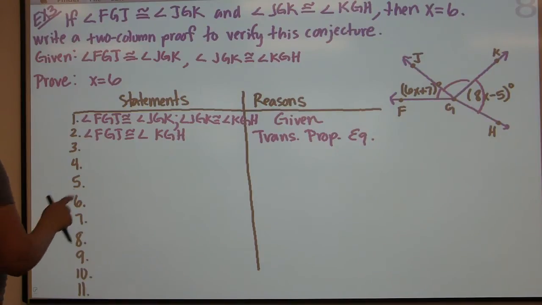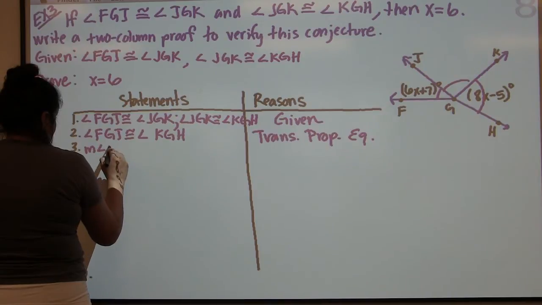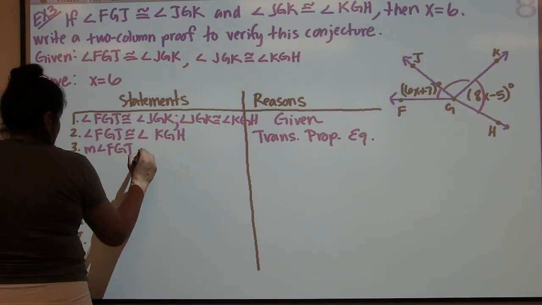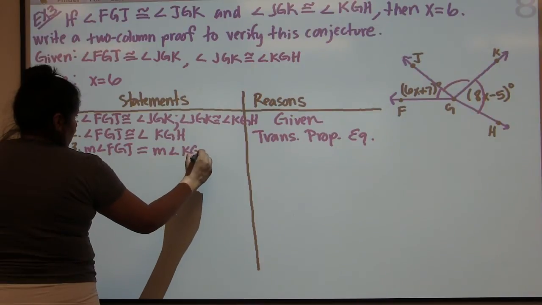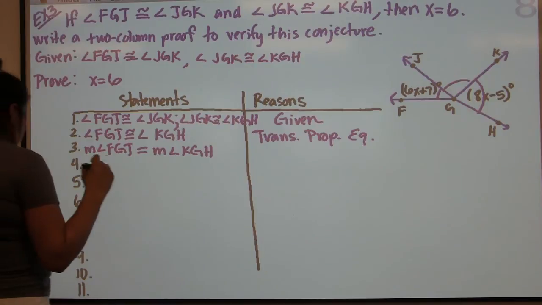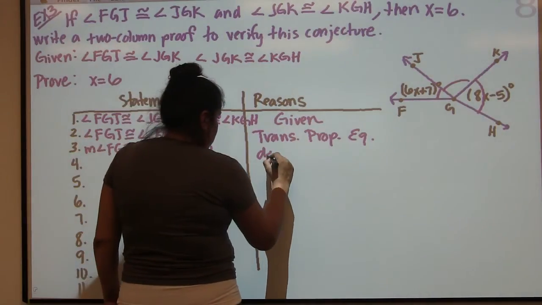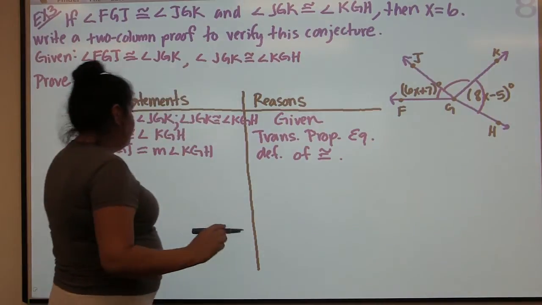Okay? And now that we have those angles congruent to each other, now we can actually go beyond that little guy, and if these are congruent, then that means that the measurement of angle FGJ is equal to the measurement of angle KGH, and that's because of definition of congruence. Okay?